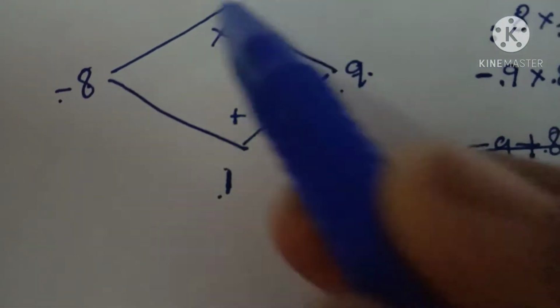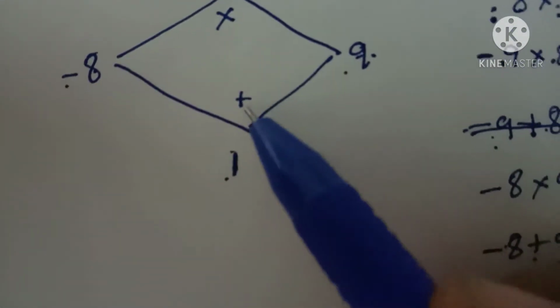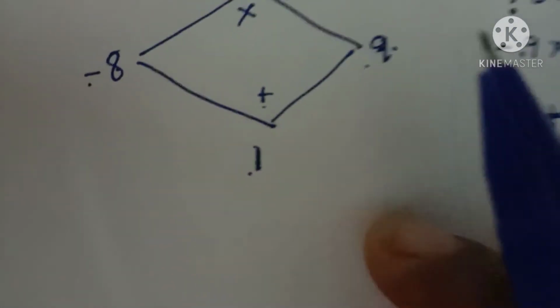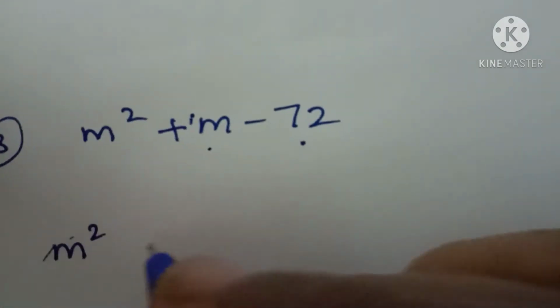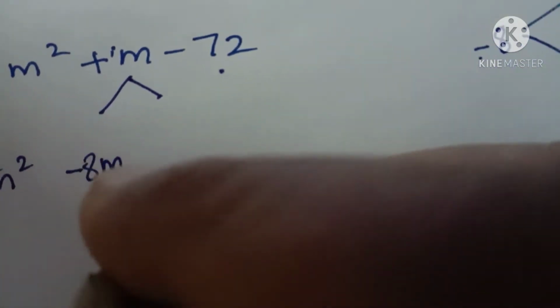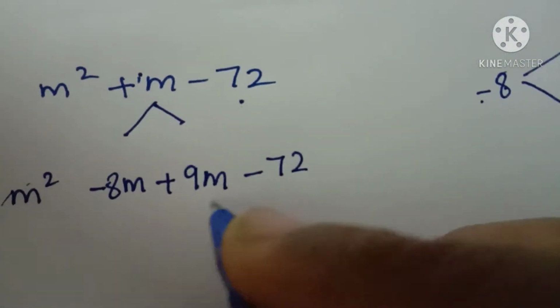Minus into plus is minus. Then minus 8 plus 9 is 1. Therefore, m square, the middle term you are splitting as minus 8m plus 9m minus 72.